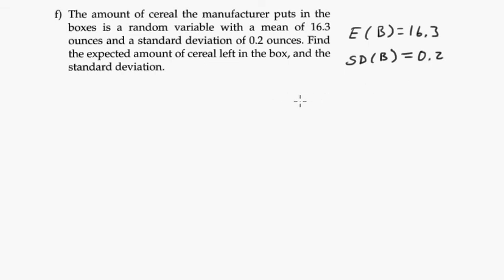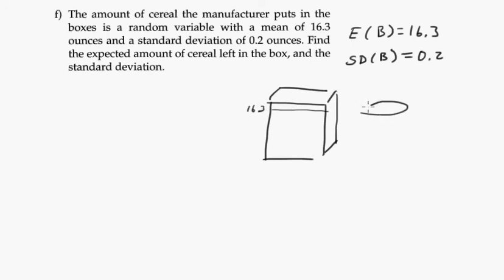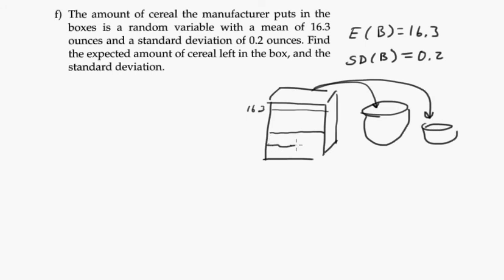So I suspect what's going on here is that we have a cereal box. There it is, brand new from the store, and it has 16.3 ounces, and then we're going to pour some out into the big bowl, so it's going to go down, and then we're going to pour some more out into the little bowl, and it's going to go down some more.